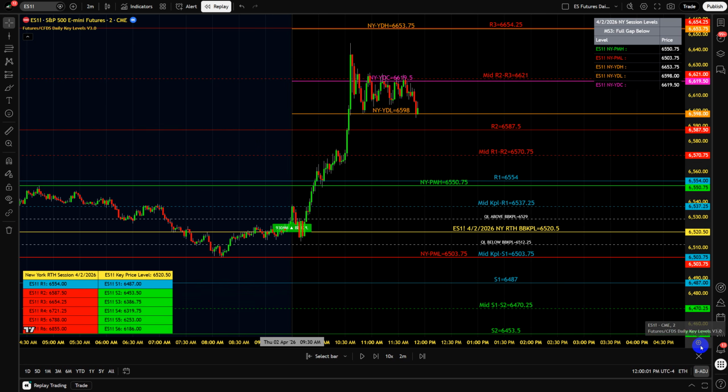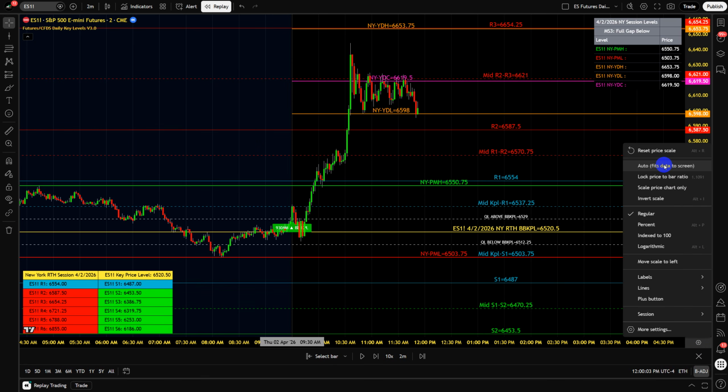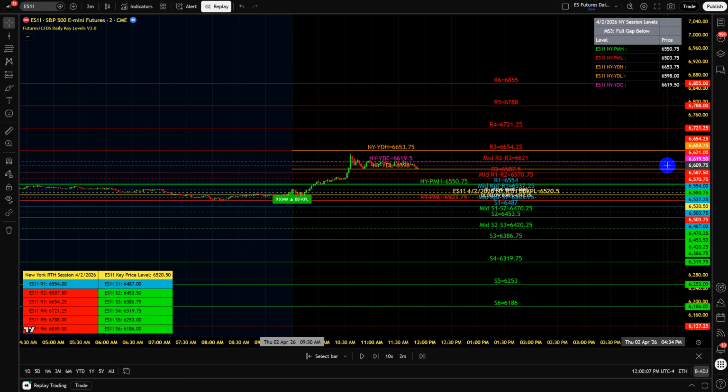However, if you're the type of trader that normally has your chart set to auto fit data to screen, then you're instead going to see all the levels as you see here. And this is not typically what you want to see, mainly because this is just too bunched up looking for one thing, and it doesn't give you a granular look.